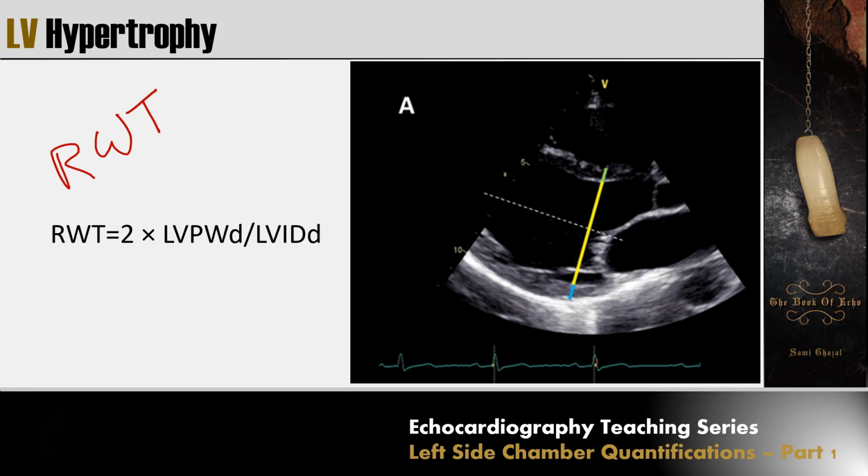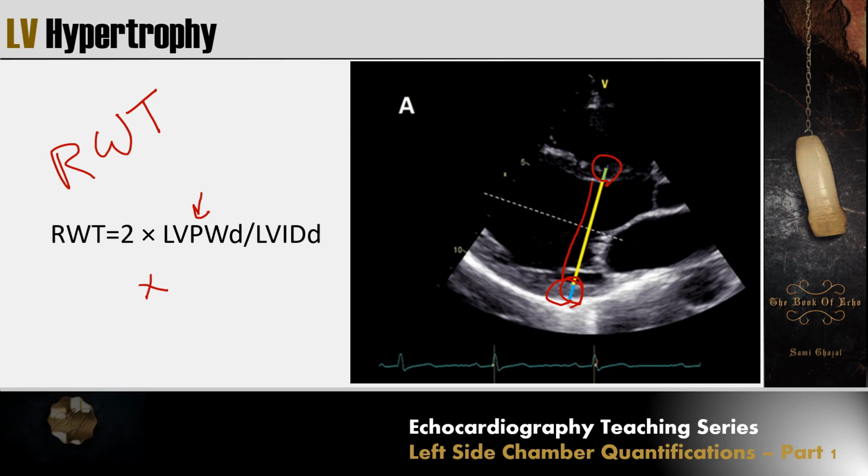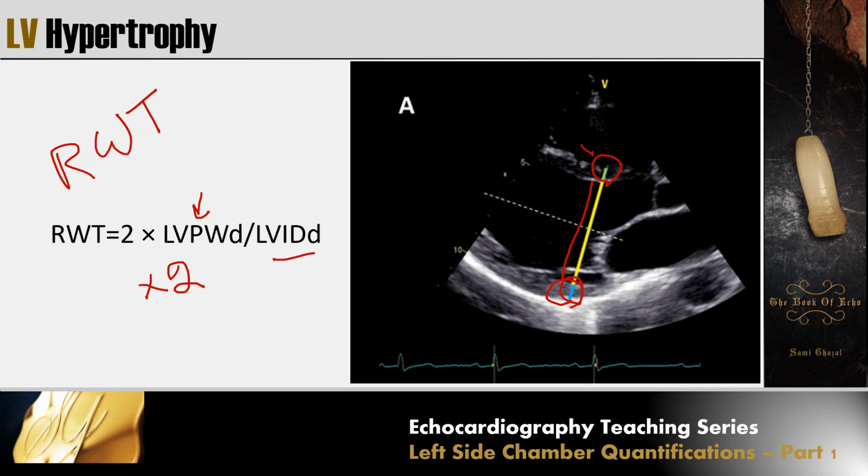Instead of measuring the posterior wall and the septum and then calculating the ratio to the LV cavity, it was initially done by having only the posterior wall, then we double it, or multiply it by 2, as a substitute for the septum, and then we divide it by the LV cavity in diastole.